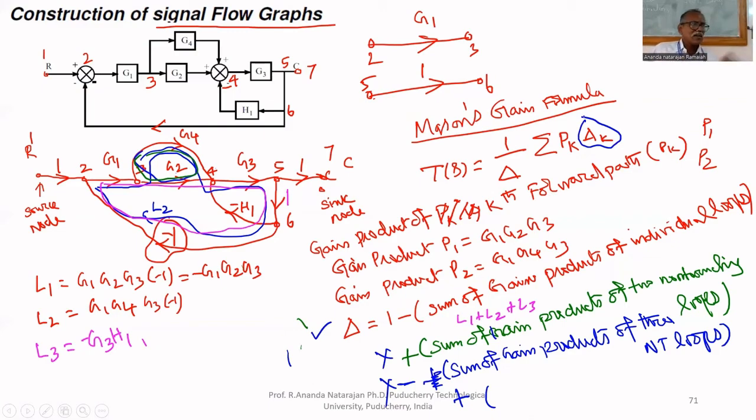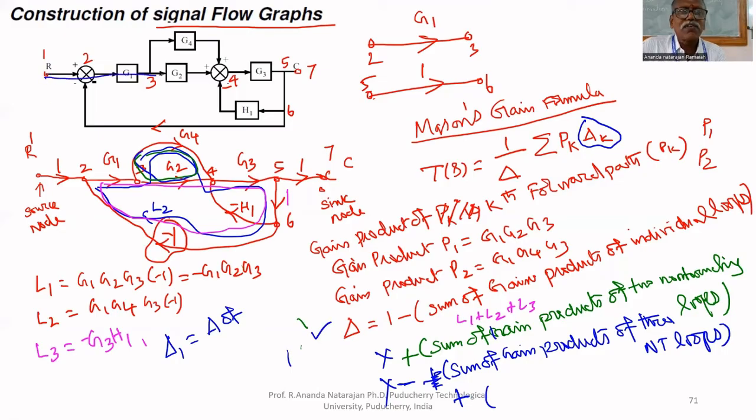Delta 1 is the delta of the part of the graph which is not touching forward path 1. What is the forward path here? I will draw it in the block diagram because here you cannot understand.